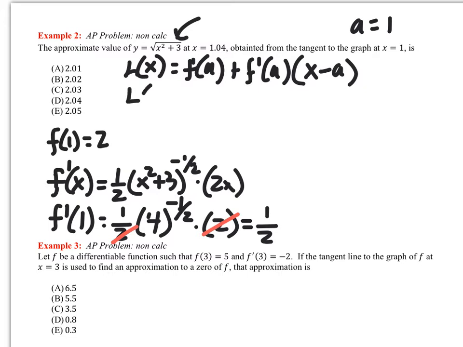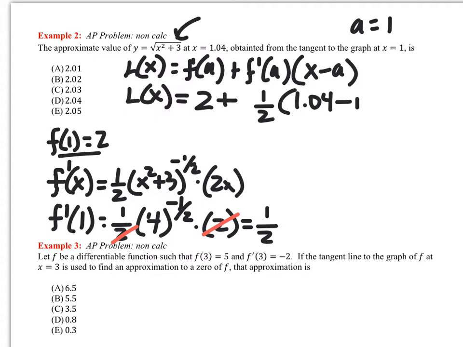So the linearization would be f of 1, plus the slope or the derivative at a equals 1, which is 1/2, times the quantity 1.04 minus a, which was 1. That shouldn't be in terms of x, that should be in terms of the input, 1.04.